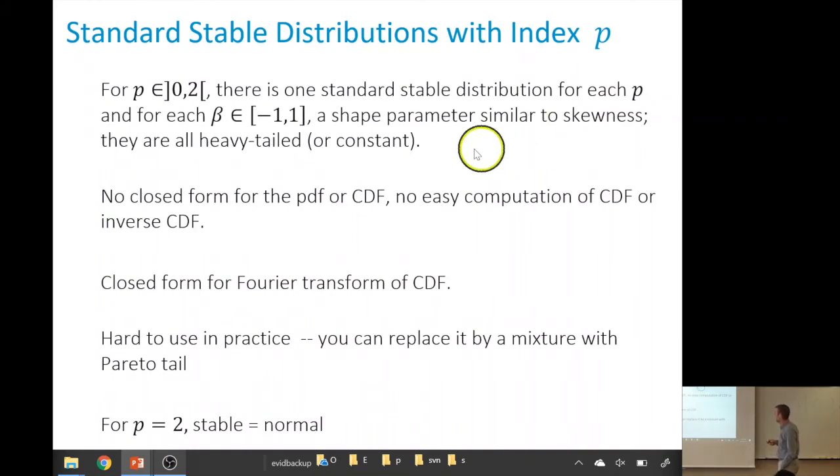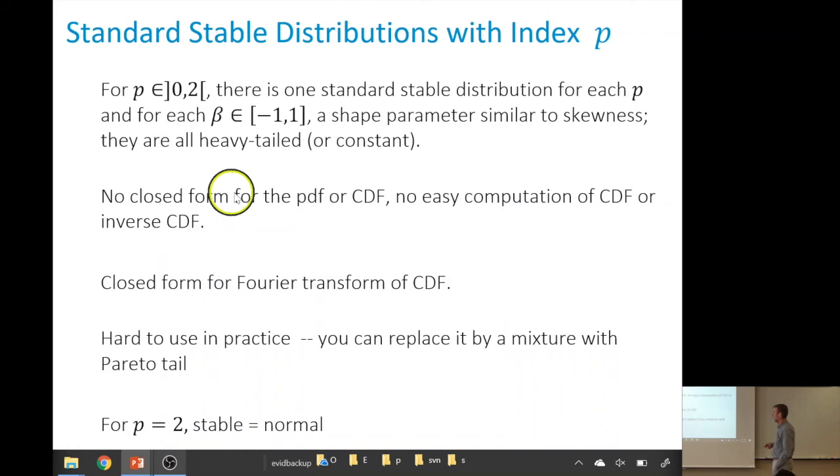So for every power law exponent, there is one standard stable distribution. And for beta between minus 1 and 1, it dictates whether it's slanted to the right or to the left. Why don't I give more details about it?